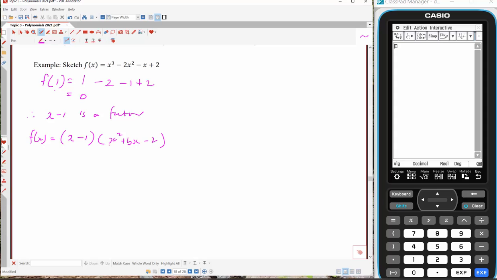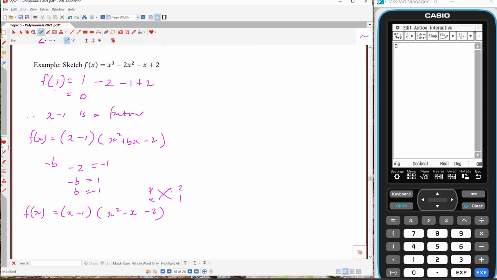Let's get our x terms by going -b, take 2 equals the coefficient over here, which is -1, so -b equals 1, b equals -1.